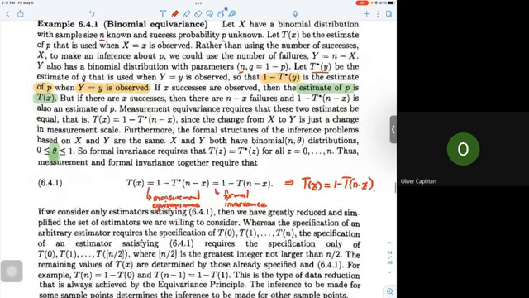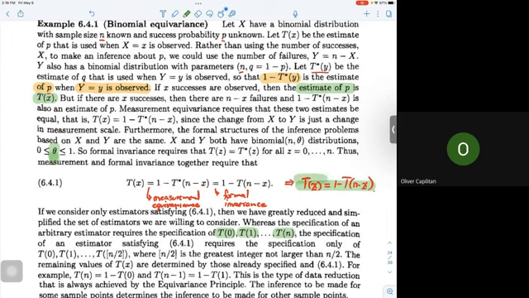If we do not know, take note, that t of x is equal to 1 minus t of n minus x, then we're going to have to specify all these values. We should specify t of 0, t of 1, up to t of n.